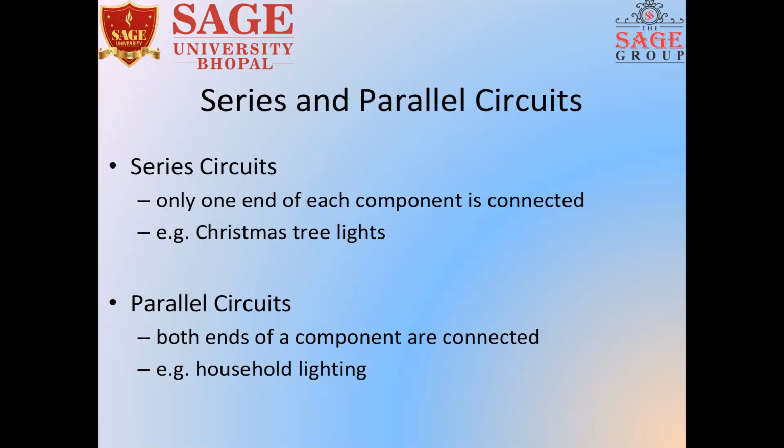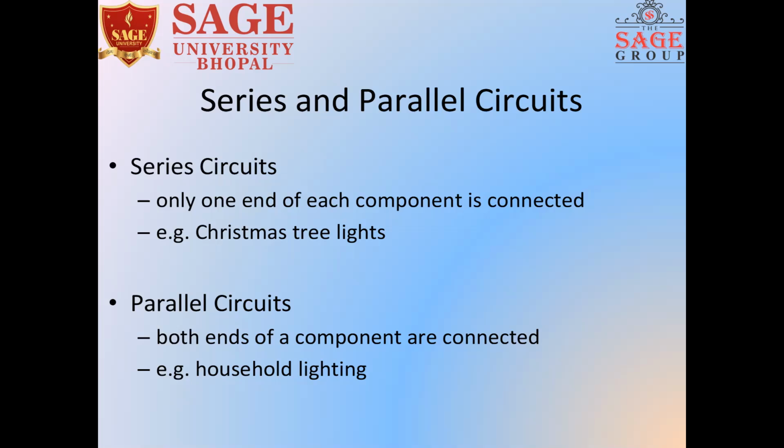And what are series circuits and parallel circuits? Here are some examples. In a series circuit, only one end of each component is connected. Example: a Christmas tree light string. And what is a parallel circuit? In a parallel circuit, both ends of the components are connected.